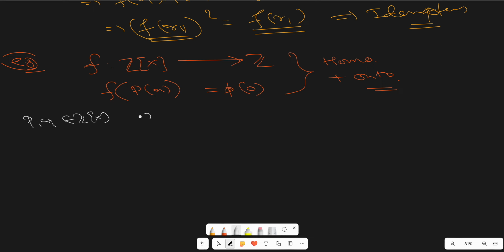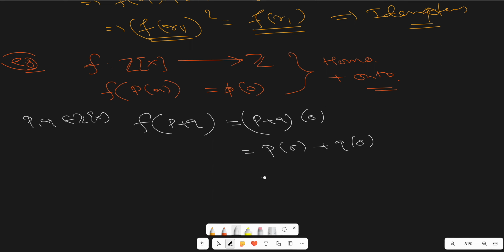For the sum, you have to show f of p plus q is f of p plus f of q. f of p plus q means p plus q at 0, which is p(0) plus q(0), which is f of p plus f of q. So the first operation is preserved.